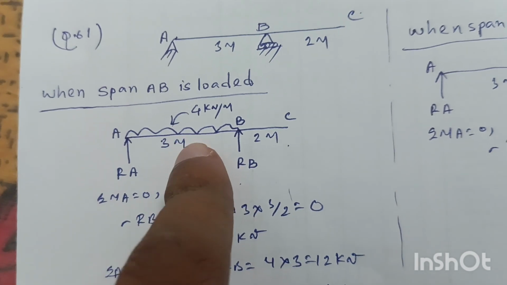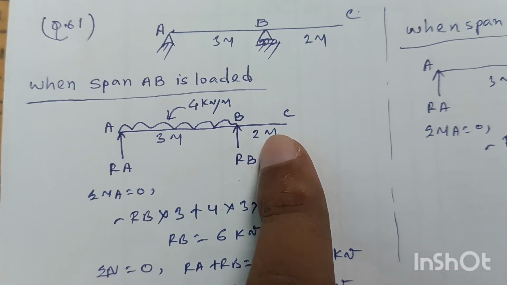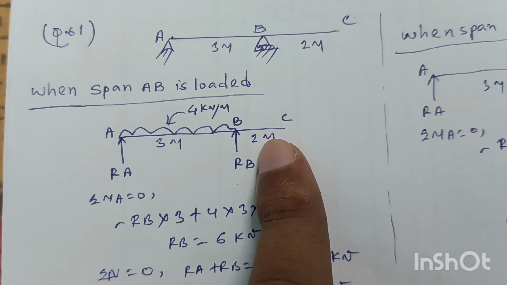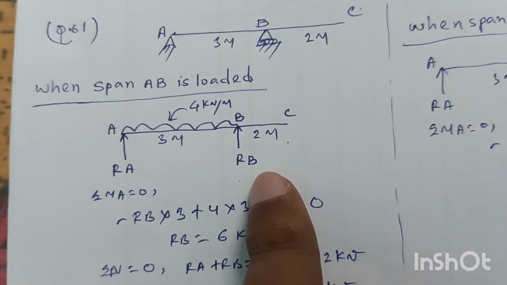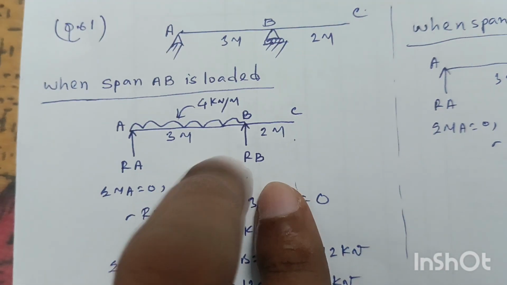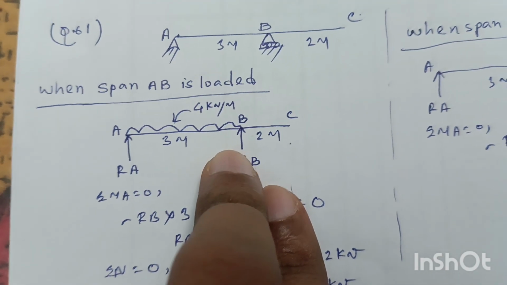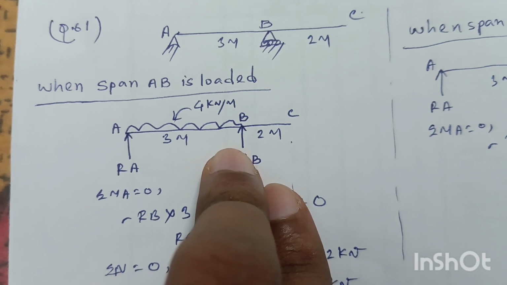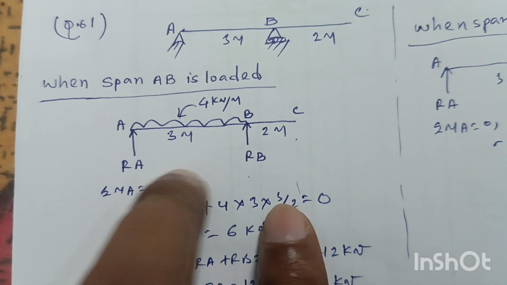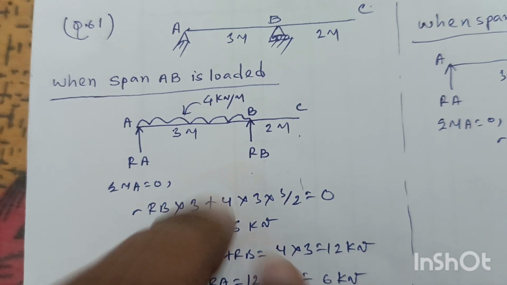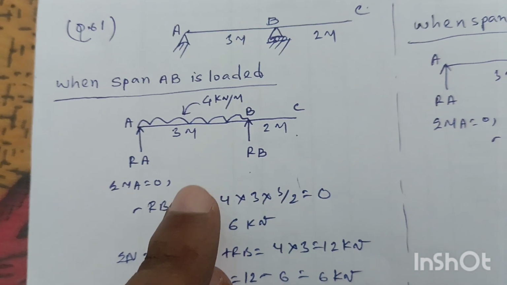Suppose this span is 3 meters and this span is 2 meters. This is a simply supported beam with one end overhanging. Say the beam with span AB is subjected to a uniformly distributed load of 4 kN per meter, and the reaction at A is RA and the reaction at support B is RB.